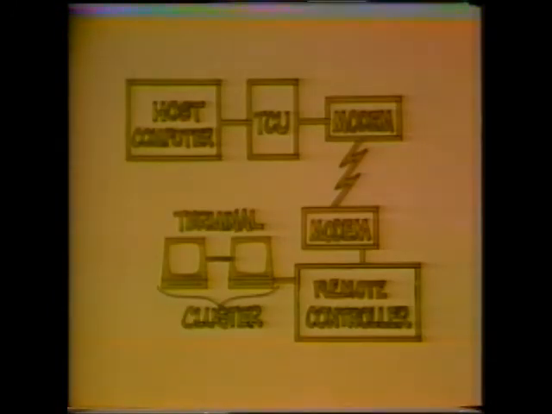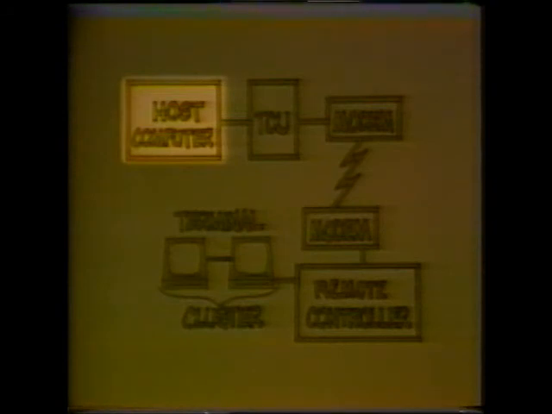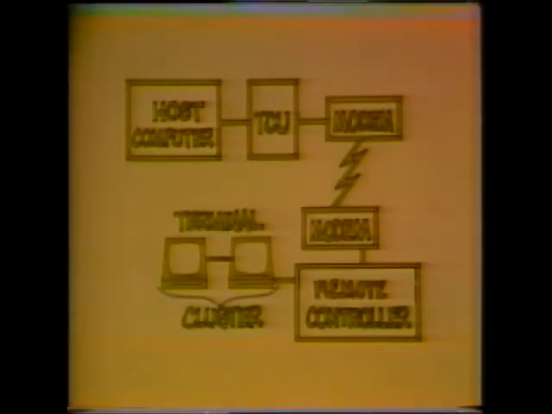Let's examine what happens at the two ends of the data transmission line. At the host, or mainframe, a port is defined by specifying the addresses for the terminals, data rates, command codes, and so forth. Port definition is a software process. The device that handles the data between the host and the modem on that end of the line may be called either a front-end controller or a transmission control unit, abbreviated TCU.